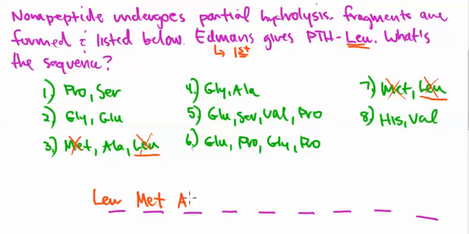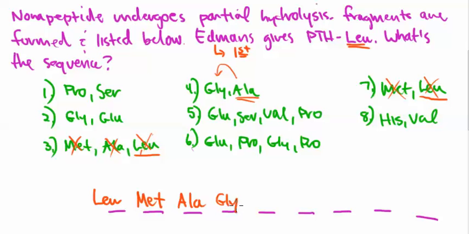This will give me an idea of what comes next. So there's alanine. Can I find alanine in another fragment somewhere? I go through and I see fragment number 4 has alanine, and look, it only has one other amino acid, and that is glycine.